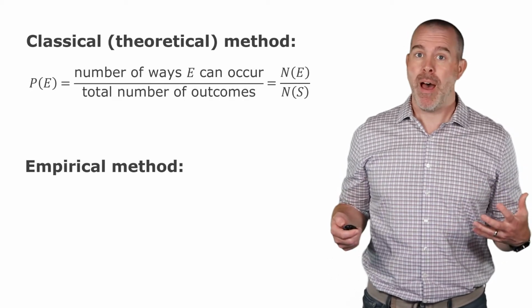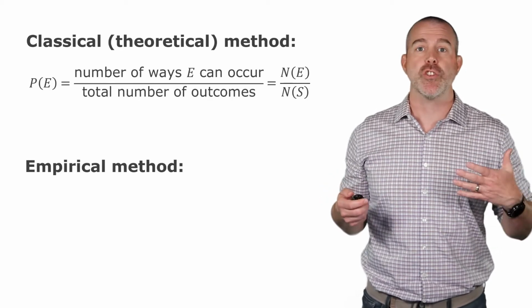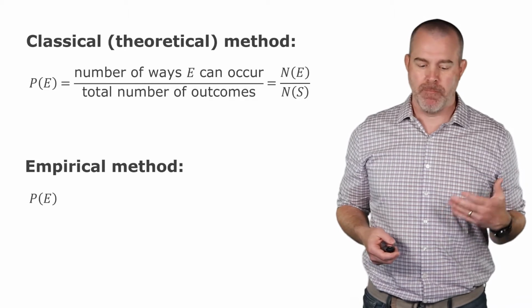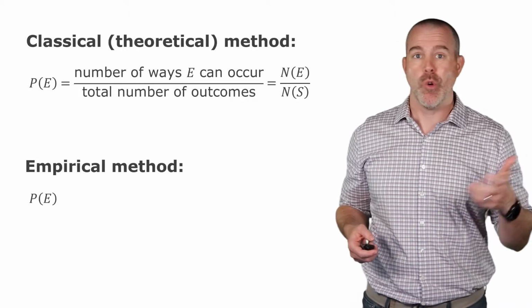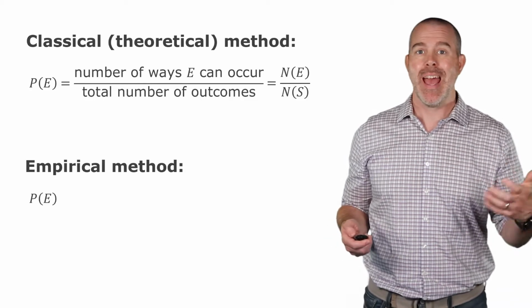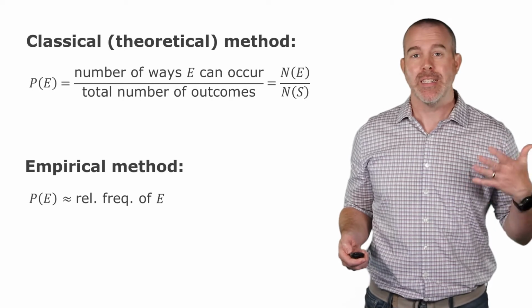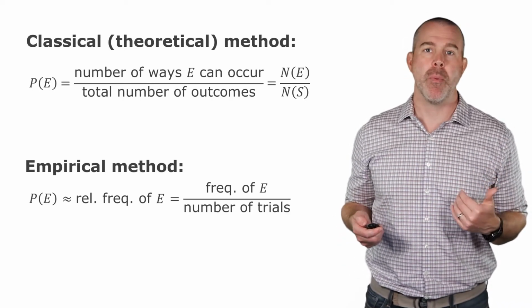For an empirical method, this would be like if you don't have a theoretical probability and you're just going to look at what happens. This would be if I had a die that I wasn't sure if it was fair. I could just roll it 1,000 times and then count all of those up. So here the probability is about the relative frequency of an event, or it's the frequency over the total number of trials.